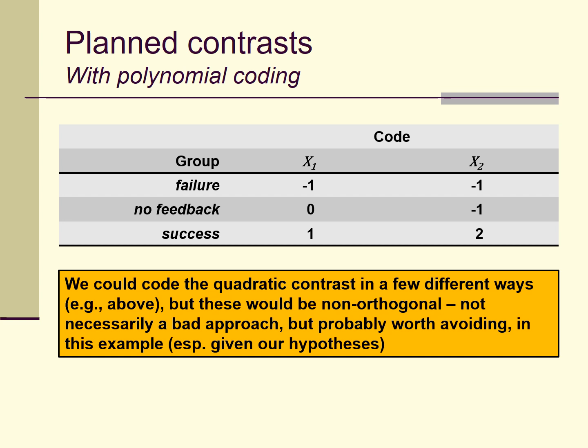Previously I'd set them up to be orthogonal, now they're non-orthogonal. So -1 times -1 is 1, 0 times -1 is 0, 1 times 2 is 2, and 1 plus 0 plus 2 is 3. So that's our quick way of checking that these polynomial contrast codes are now non-orthogonal to each other.